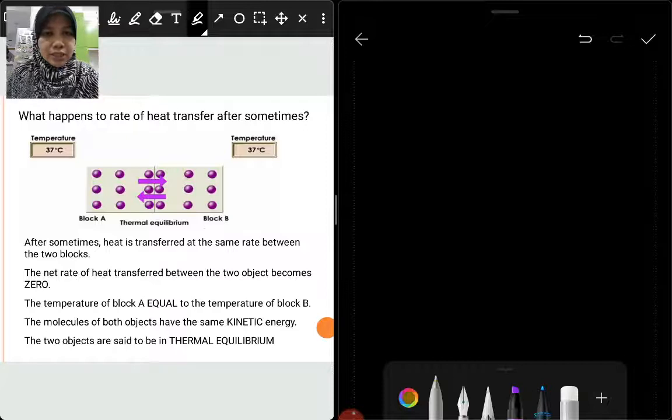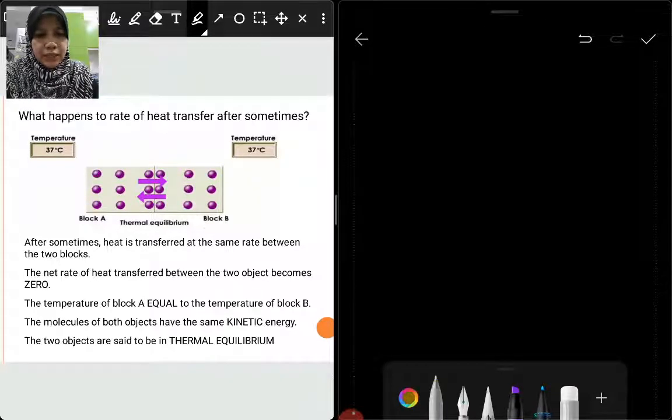This situation is called thermal equilibrium. That means block A reached the temperature of 37 Celsius degree and block B also reached 37 Celsius degree.